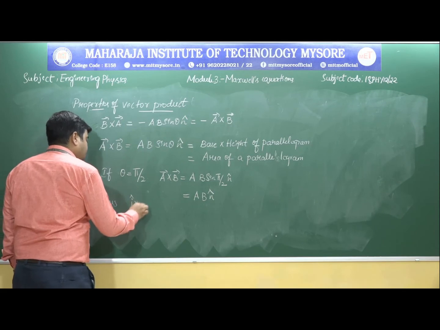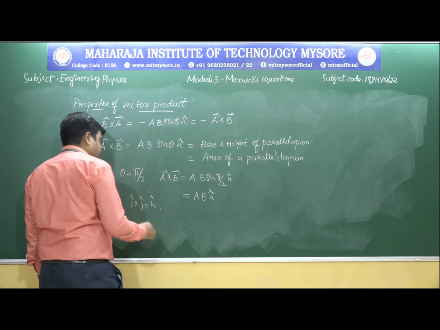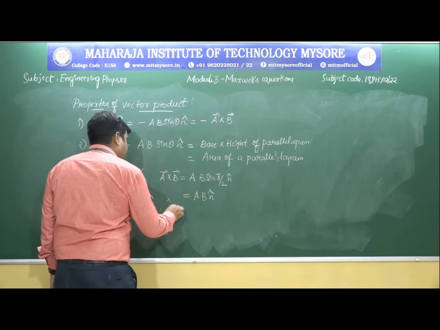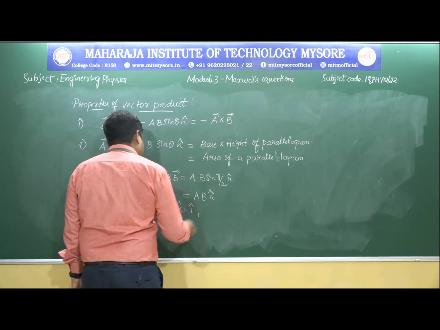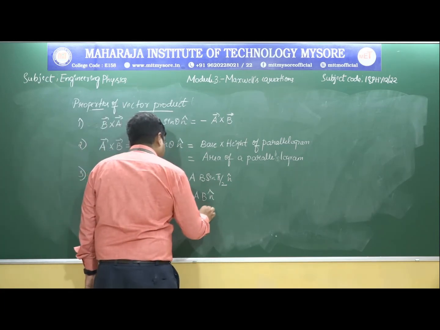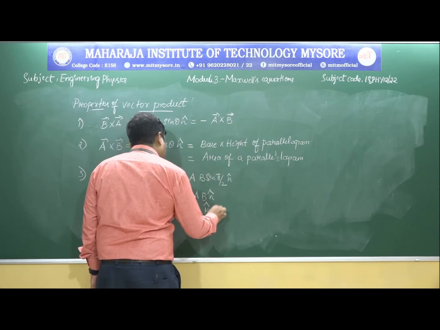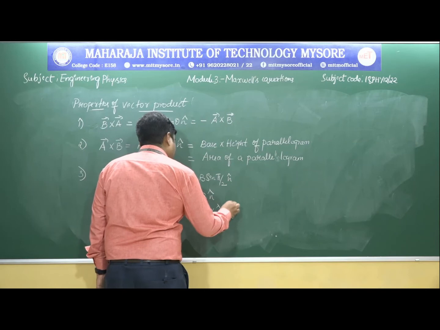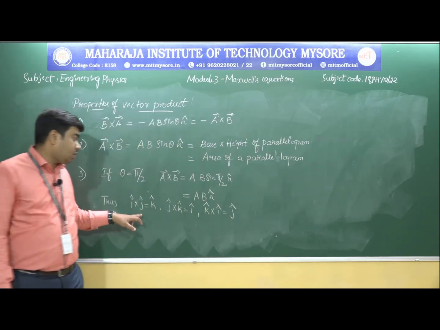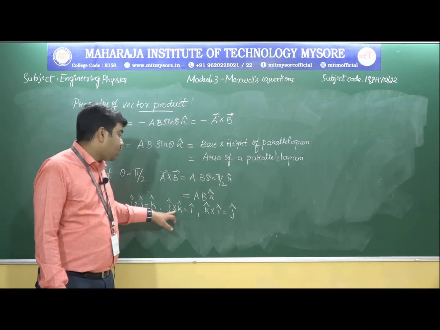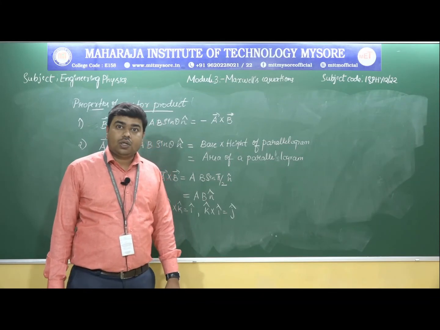i cap cross j cap is equal to k cap, j cap cross k cap is equal to i cap, k cap cross i cap is equal to j cap. So, we can write i cap cross j cap is k cap, j cap cross k cap is i cap, and k cap cross i cap becomes equal to j cap.